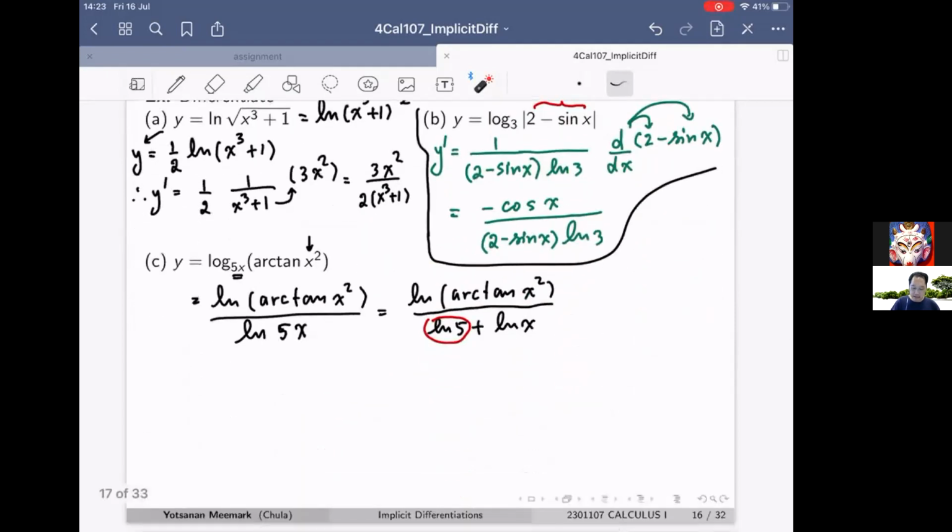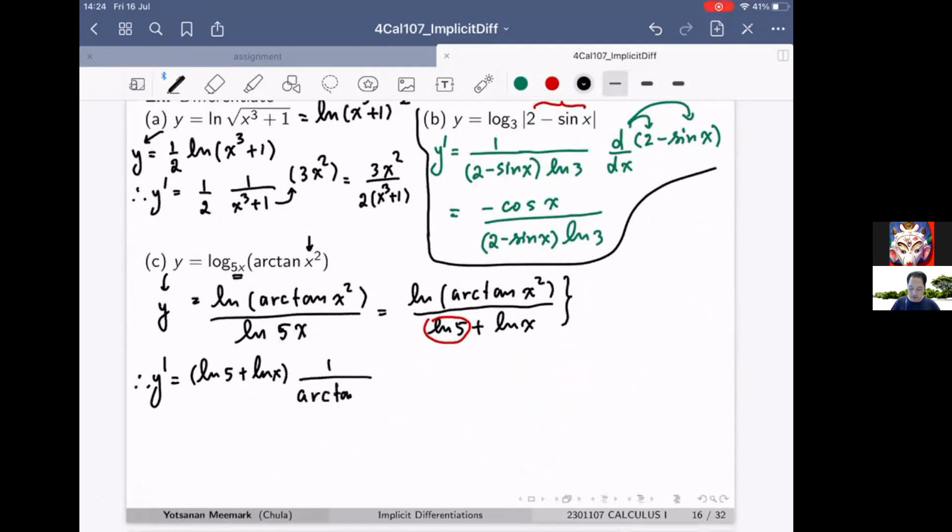Again, here is just the rewritten version of your y. But if you want to find your y prime, you start from here. It is a quotient, right? So it is the bottom times the derivative of the top, which is 1 over u and then the derivative of u, minus the top times the derivative of the bottom.